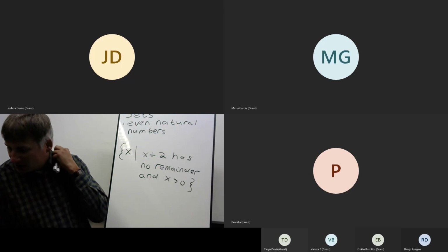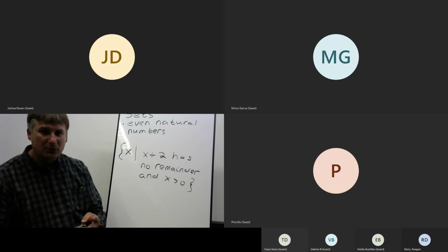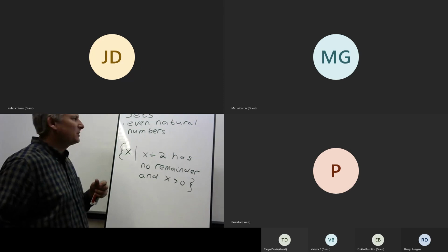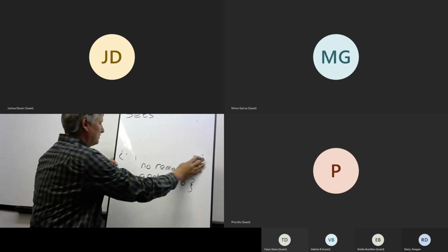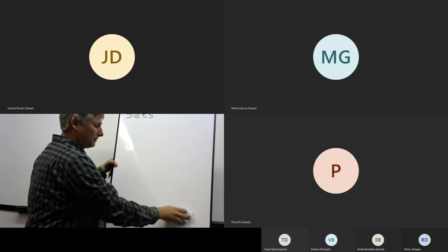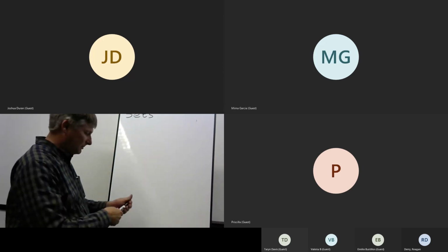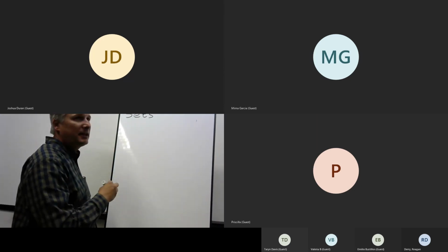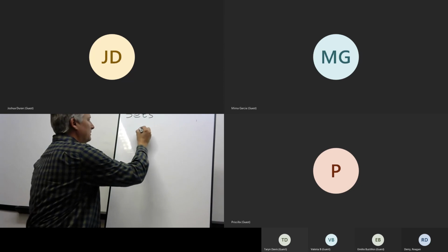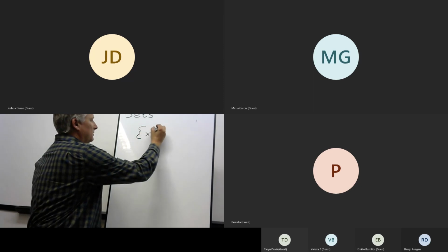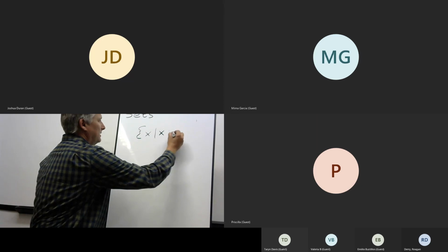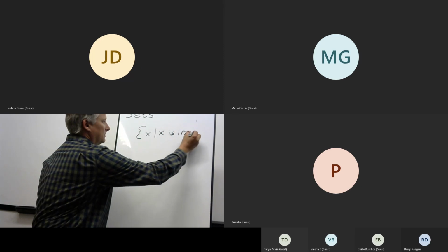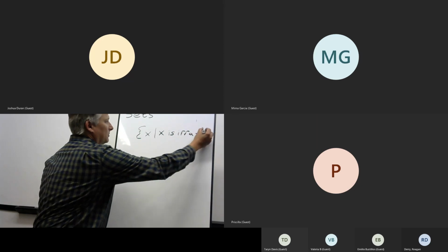There is one last example I do want to do with this, and this is what's more in the textbook regarding set builder. Let's say we have the set x such that x is irrational.